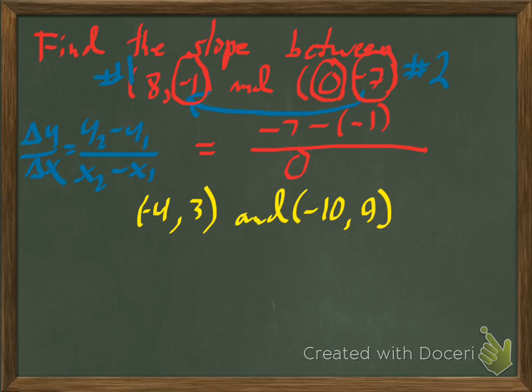That's the x of the second point, that's x2. Minus the x of the first point, which is -8. All right. So on the top, -7 minus -1. Well, that's really just -7 plus 1, right? -7 plus 1 is -6. Divided by 0 minus -8, which is 8. And what happens when I have a negative over a negative? It changes into a positive. Right. They cancel out. And 6 over 8 can reduce down to 3 over 4. So the slope between those 2 points is 3/4.